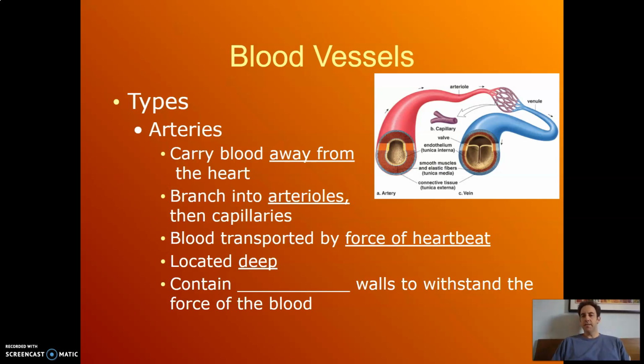There's only a few places where the blood vessels get close enough to your skin that you can actually feel those arteries. Your carotid artery is one place. Your radial pulse is another. The radial pulse is in line with the radius, which remember is the bone in line with your thumb. So if you put your two fingers kind of where your wristwatch would be, and in line with your thumb, you should feel a pulse there.